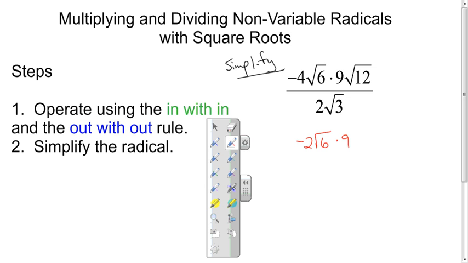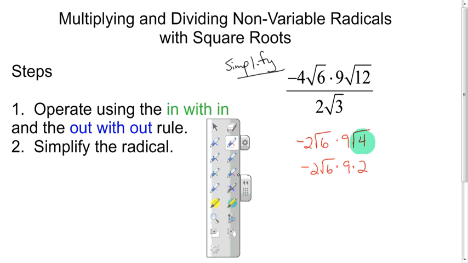And then matching the inners of 12 and 3, I will get the square root of 4, which is fabulous because now, instead of doing the in with in rule and the out with out rule, I see very quickly that I've created a perfect square, so I can continue to simplify: -2 times root 6 times 9 times 2.